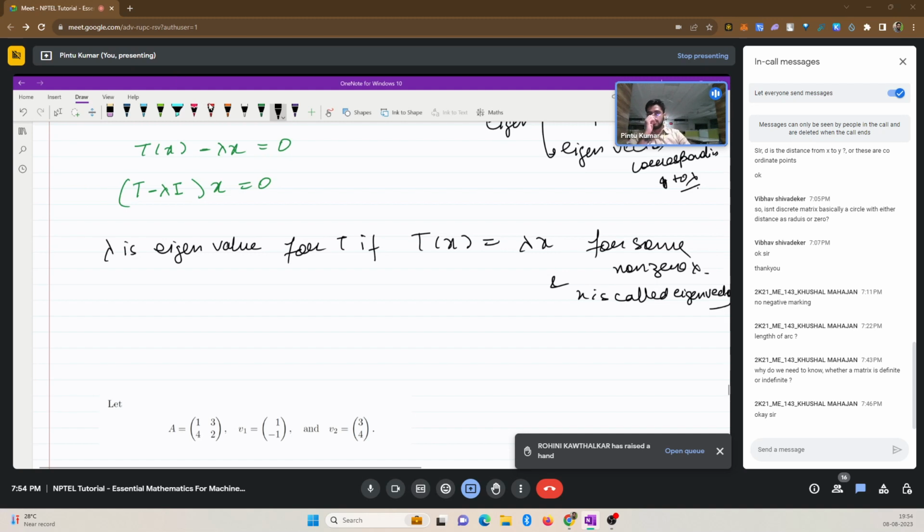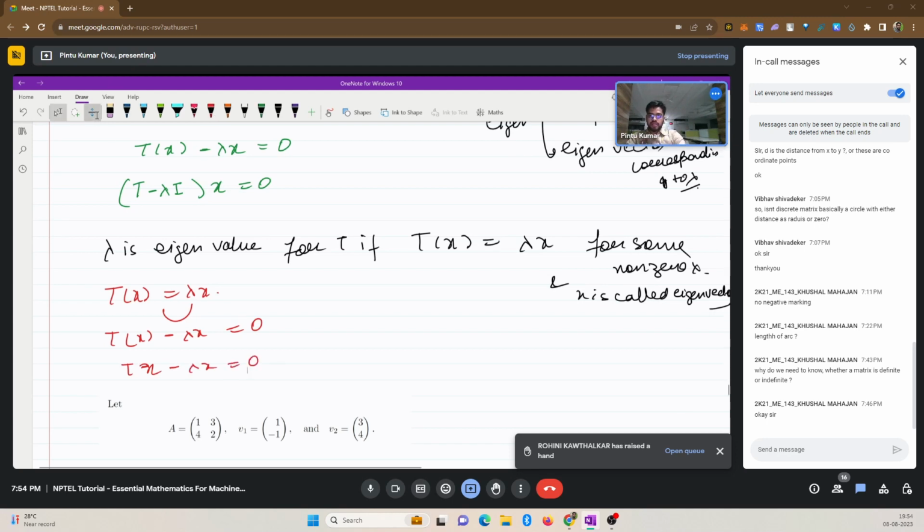Now I'm going very step by step. What we want is that T of x is lambda x. If I push this thing to the left hand side, what does this mean? T of x minus lambda x is equal to 0. If I write it in matrix form, Tx minus lambda x is equal to 0.